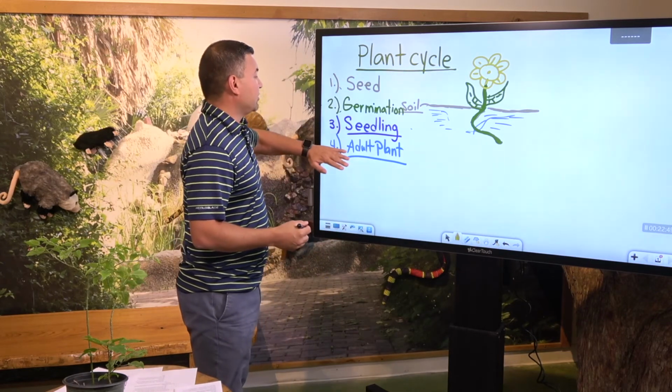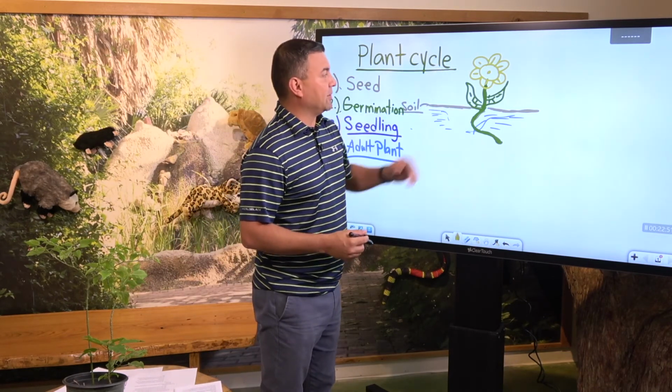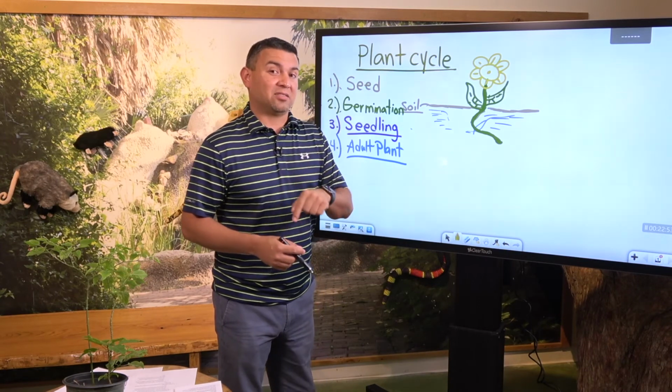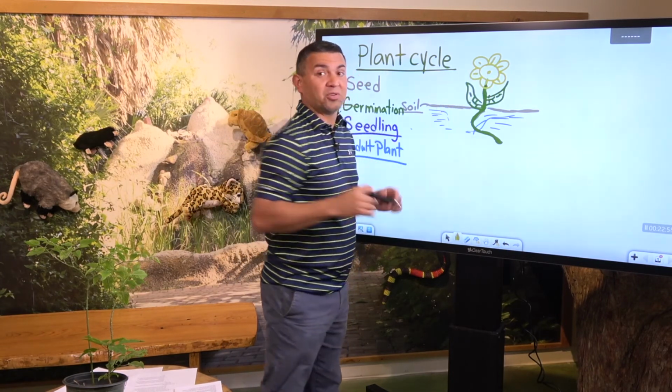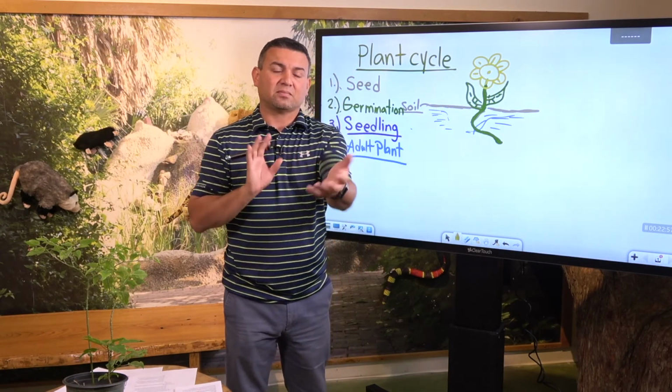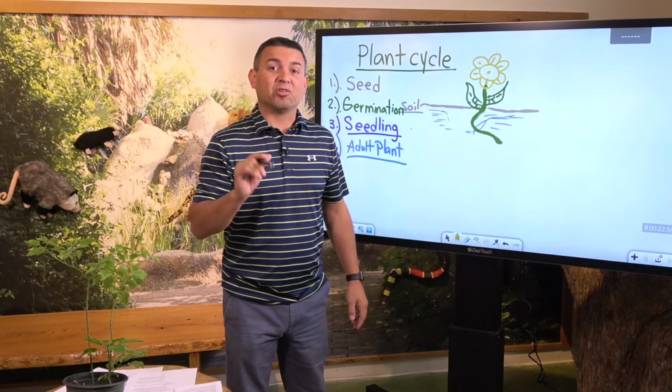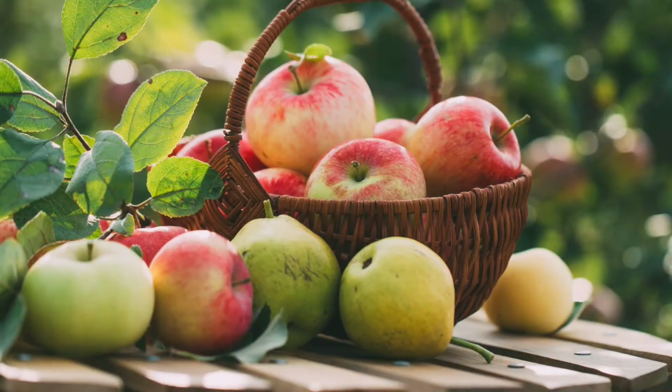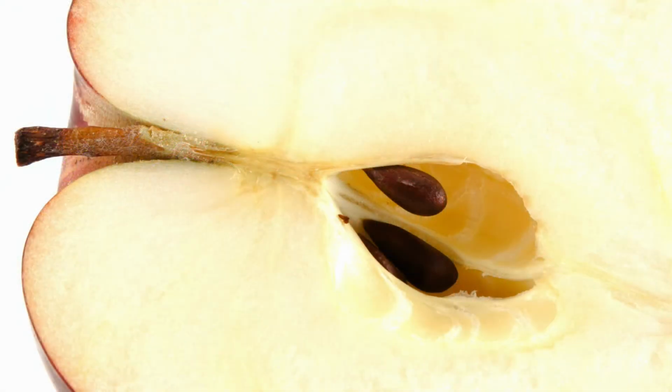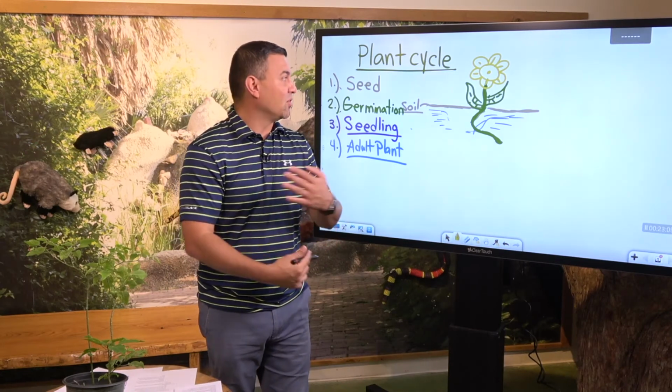So after the adult plant, what do you think grows next? What do you think flowers produce next? They produce fruits. In those fruits, like we mentioned before, what do you find inside of a fruit? You find seeds, and then the cycle continues over and over.